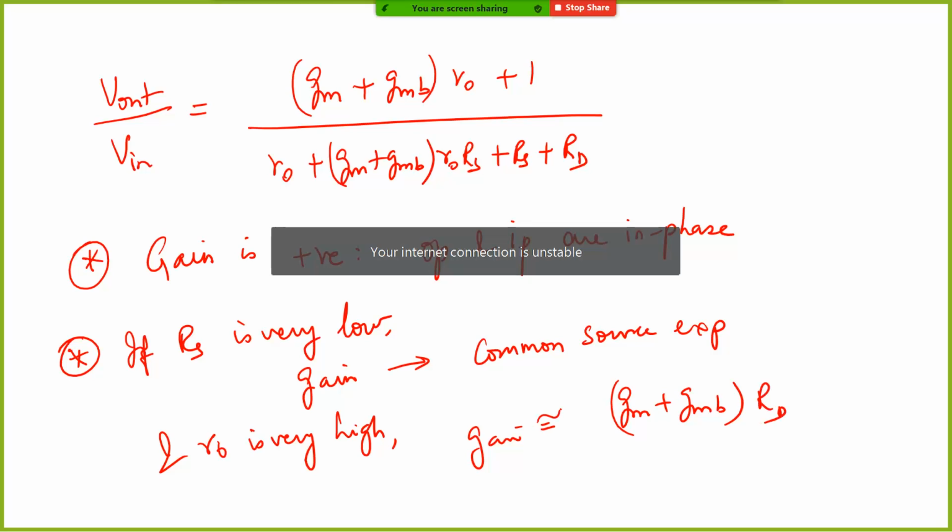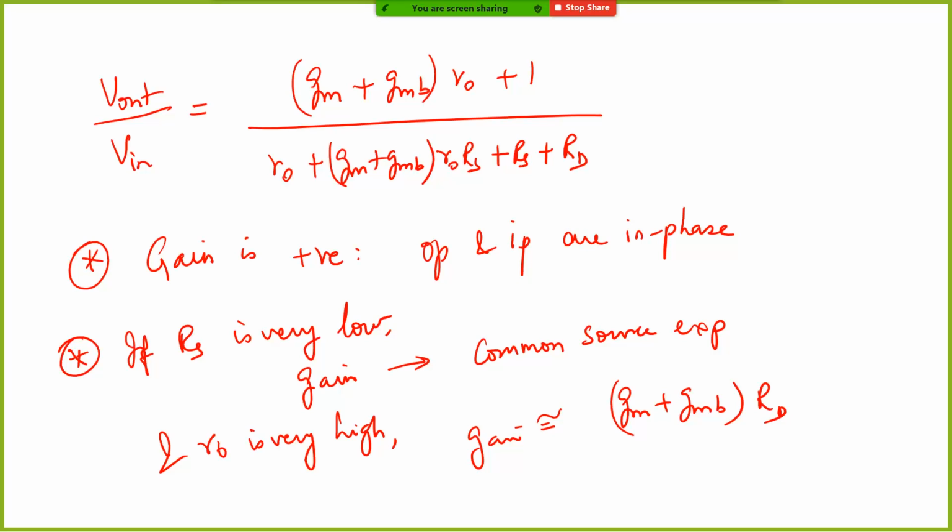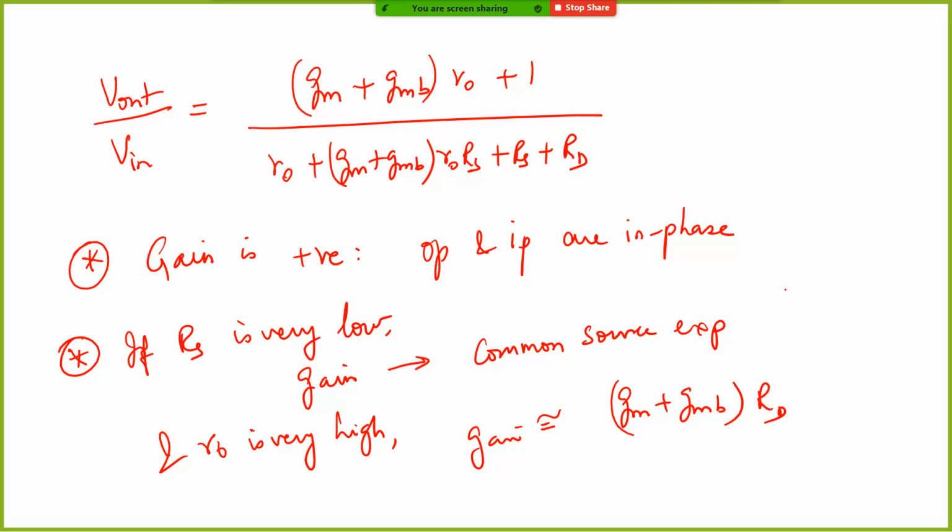So this is how it will resemble. Of course the gain is being reduced by the presence of an R naught which is not very high, and also the presence of Rs which is not low. Now another thing that we are interested in, in fact the thing that sets apart a common gate amplifier, is the input resistance.